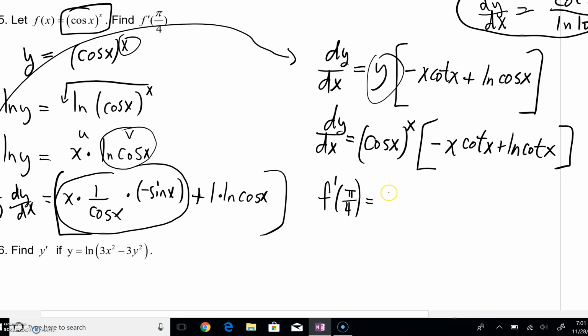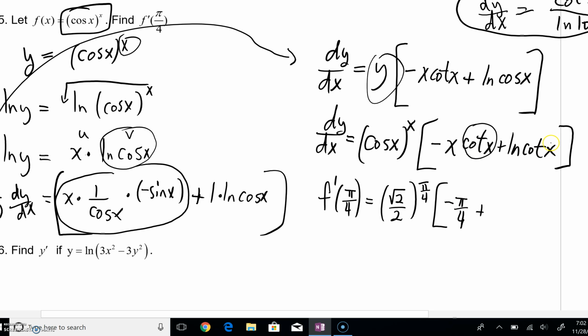Now we know the cosine of pi over 4 is really radical 2 over 2. And that would be raised up to the pi over 4 power. Tangent of pi over 4 is 1. So the cotangent of pi over 4 is also going to get you a 1. So I have negative pi over 4 times a 1. That's just a negative pi over 4.